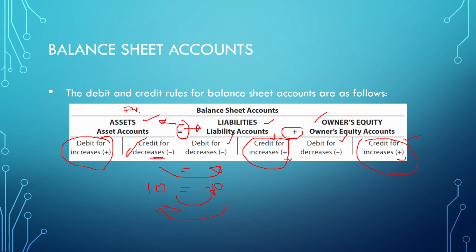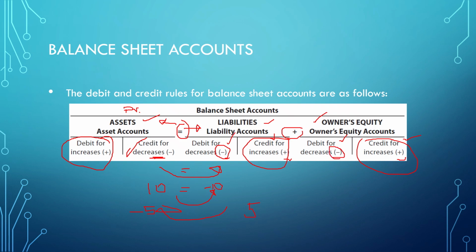For example, liabilities is 5. If we transfer that positive 5 to the left side of the equal sign, it becomes negative 5, right? And the left side is the debit side. So the debit side of liabilities is the decrease side. Okay? The same goes with owner's equity.